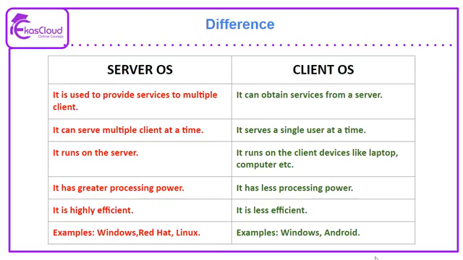And server operating systems are highly efficient, but client operating systems are less efficient. Server operating system examples: particularly Windows, Red Hat, and Linux. And client operating systems: Windows and Android. So many operating systems are there. So these are some of the differences between server operating systems and client operating systems.